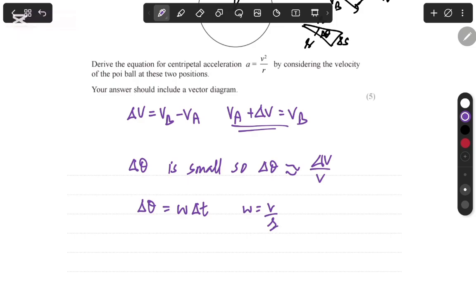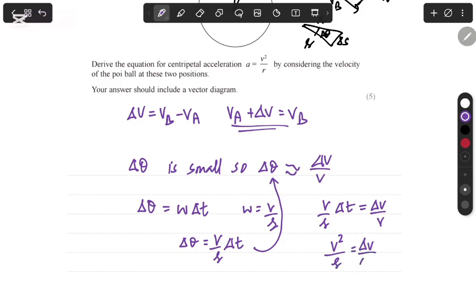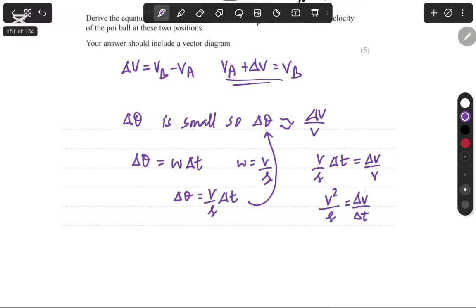So change in theta will be v over r times change in t. We can plug it in there: v over r change in t is equal to change in v over v, and then v squared over r is equal to change in v over change in t. And that's just the centripetal acceleration, which is v squared over r.